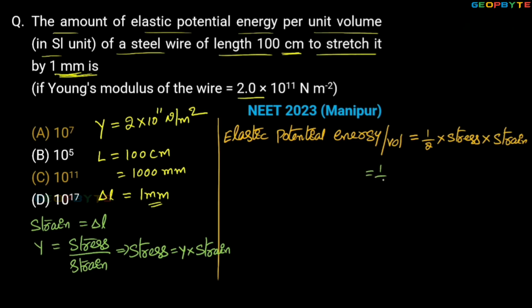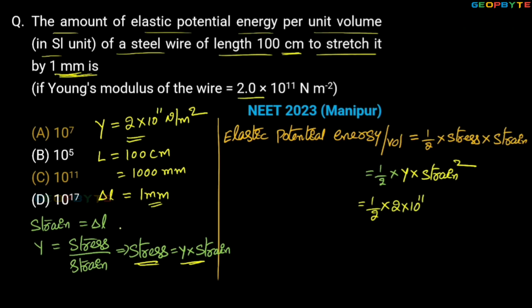It is equal to half into stress. In the place of stress, I can write, stress equal to Young's modulus into strain. I can write strain square. Okay, it is equal to half into, look at the Young's modulus, 2 into 10 power 11.